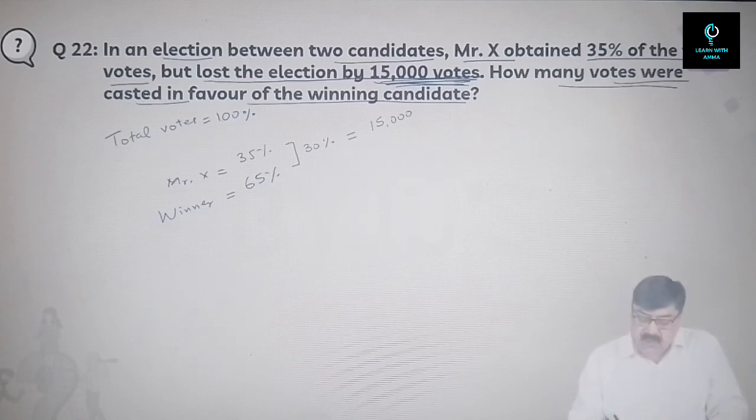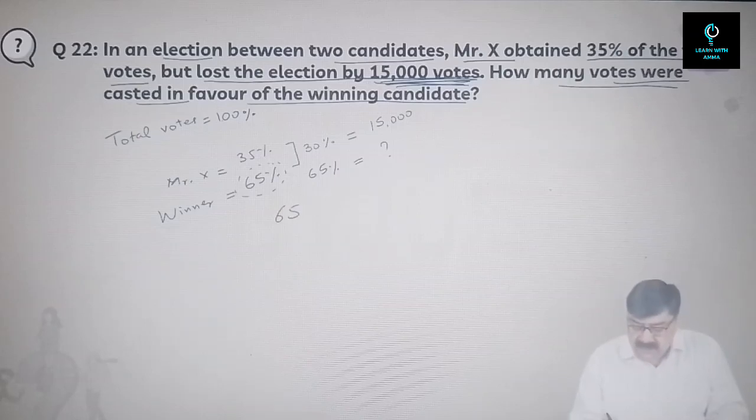Now, how many votes were casted in favor of the winning candidate? Well, 65% of the total votes. Well, 30% of total votes is 15,000. You don't have to find out total votes. You have to find out the number of votes received by the winning candidate. So if 30% of the total is 15,000, then 65% of the total will be how much? Unitary method, it will be more.